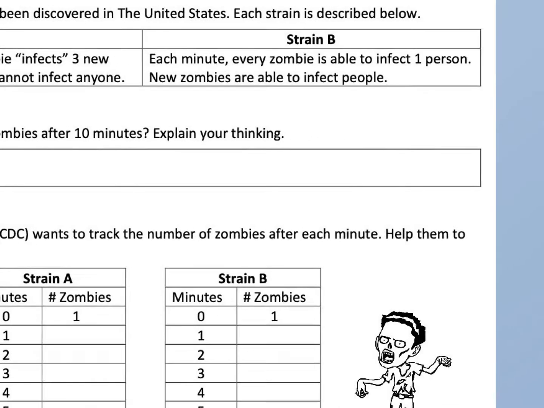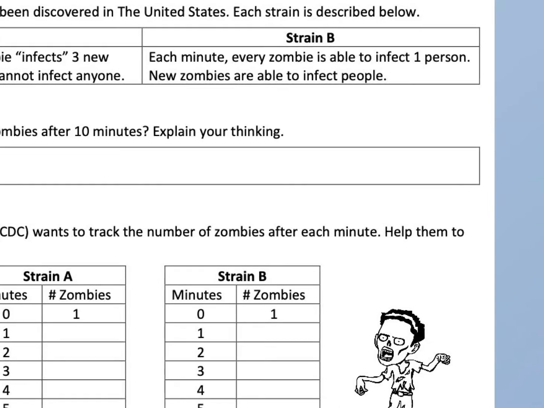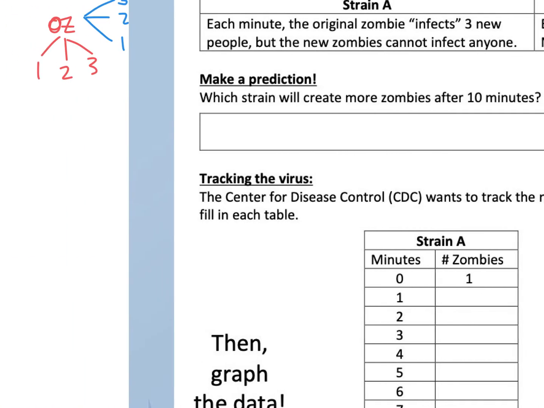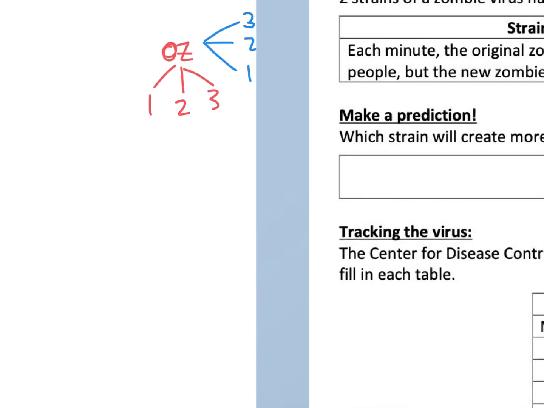Strain B says each minute every zombie is able to infect 1 person, and new zombies are also able to infect people. So again, I'm just going to draw you a little picture over here. We have our original zombie, and they can infect this person, and this person, and this person, but then that person can also infect another person, right?